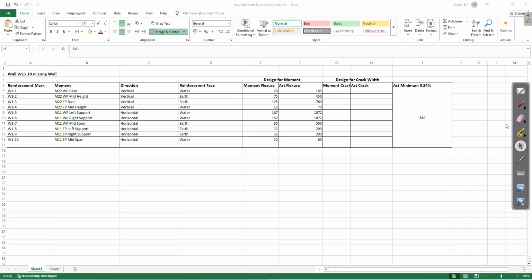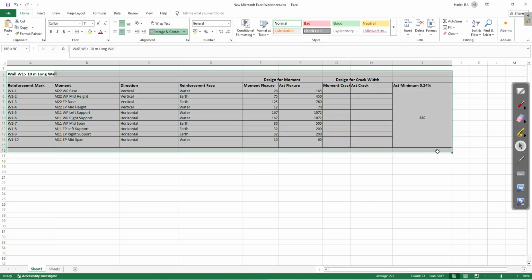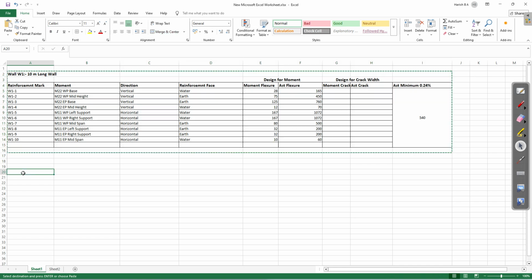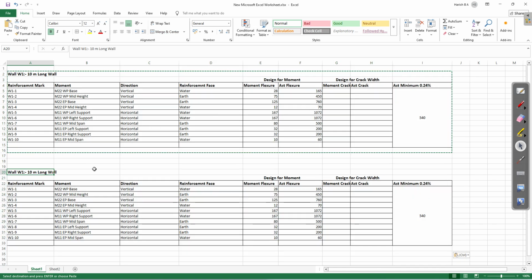So today's assignment is you make a similar table for 8-meter wall. Instead of 10 meter you write 8 meter here. This remains same.